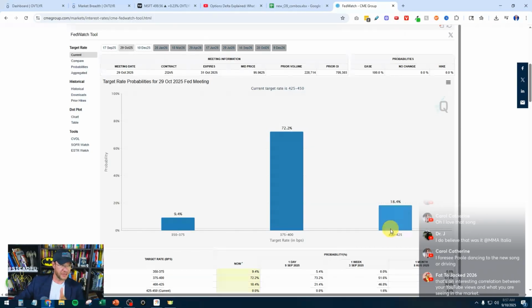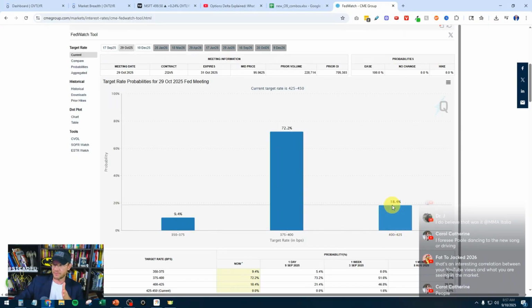Holding flat is not an option. At least a 25 basis point cut at 18%, 72% of at least 50 basis points, and even some people putting a 9% chance of a 75 basis point rate cut. So basically, rate cuts are coming. The market is pricing that in bigly.